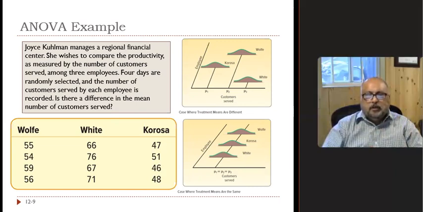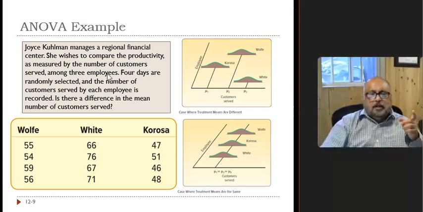Let's look at one example. So here, Joyce Coleman manages a regional financial center. She wishes to compare the productivity, as measured by the number of customers served, among three employees. So there are three employees, and each employee is serving customers.